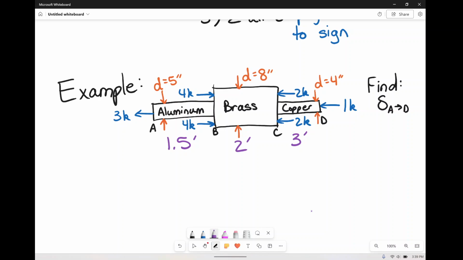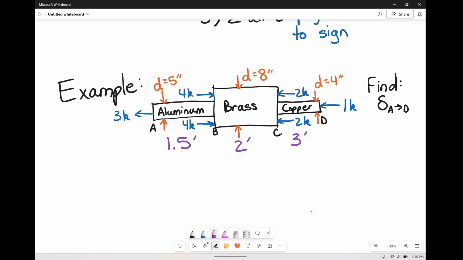We do have some forces, as you can see: the 3 kips on the left, 2 things with 4 kips. Then at the separation between aluminum and brass, 2 things of 2 kips going to the left at the separation between brass and copper, and on the copper end, just 1 kip going to the left. That does put us in equilibrium, so just checking that to make sure that it's not moving anywhere.